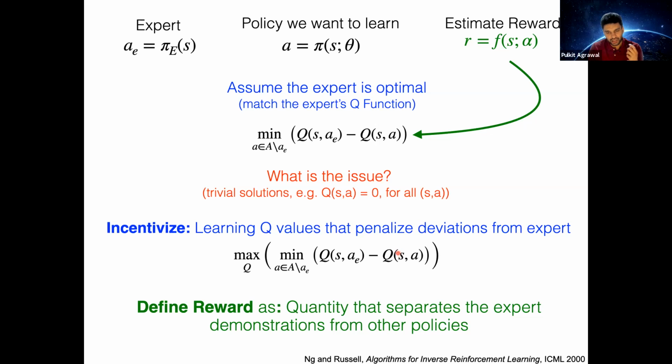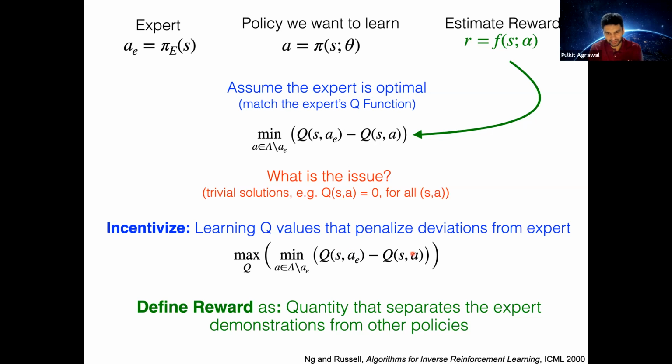Now, in order to make the expert be special, or to make the expert be optimal, what I'm going to say is, find me a reward function so that the expert trajectories have higher rewards than any other trajectory.